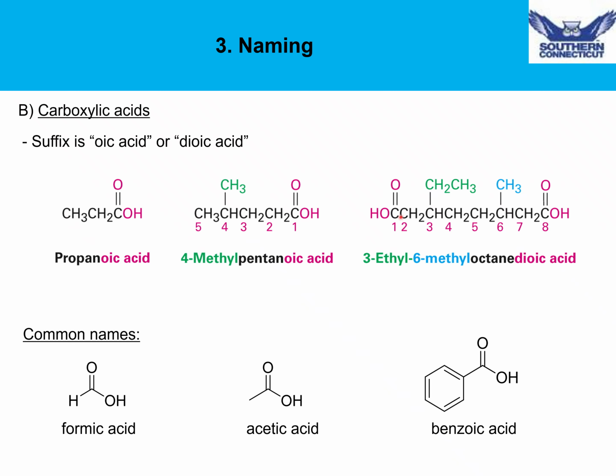In the next example, we have 8 carbons in the chain that contains both carboxylic acids. So this compound, at least the parent name for it, is octane dioic acid. It has 2 substituents. Normally we would want to start from the side that has the main functional group. In this case, there's 2 carboxylic acids.